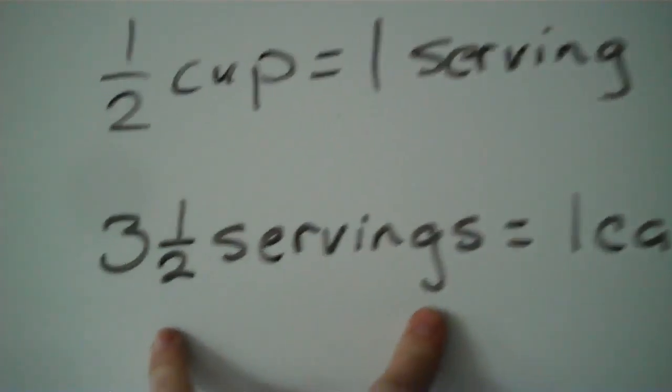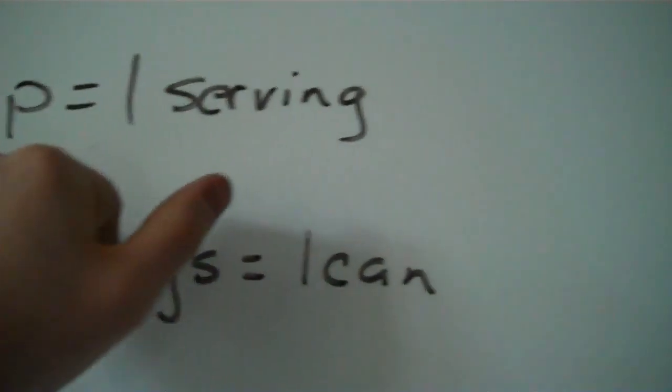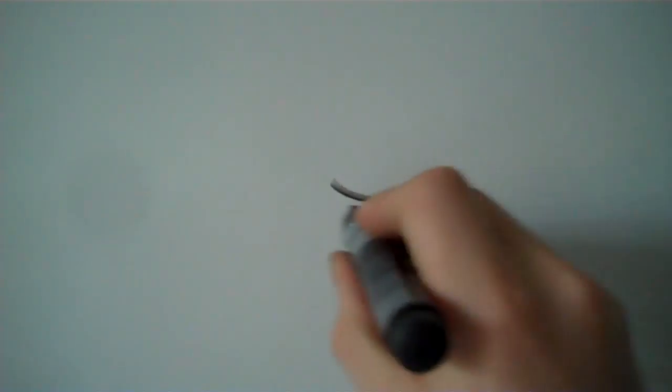I only know that there's 3.5 servings in 1 can, but I do know that 1/2 a cup is equal to 1 serving. So if I have 3.5 servings, I could draw a picture about this. So 1 serving would be like 1/2 a cup.